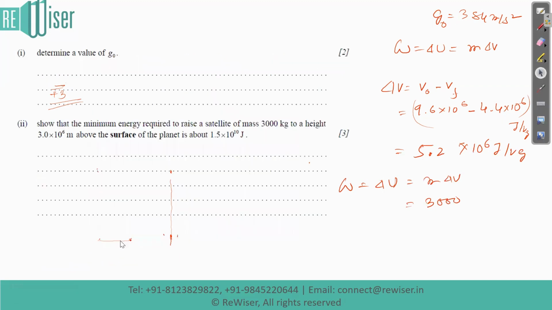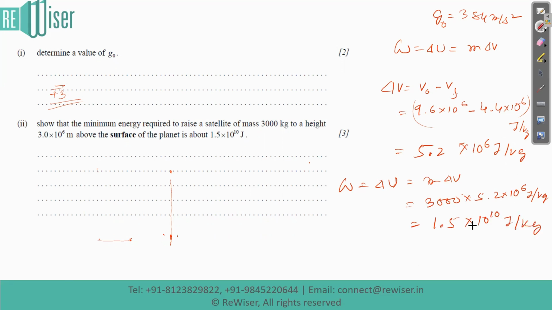It's mentioned here, 3000 kg into 5.2 into 10 to the power 6 joules per kg. We are going to get 1.5 into 10 to the power 10 joules.